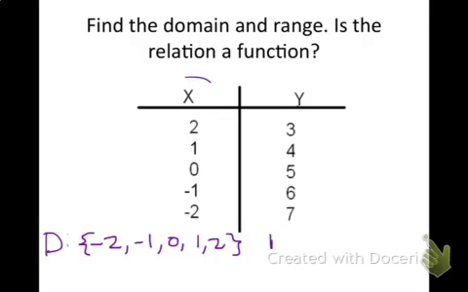And for your range, we have 3, 4, 5, 6, and 7. So this is a function because every x value has a different y value. You can't have an x value that has 2 different y values, so yes.